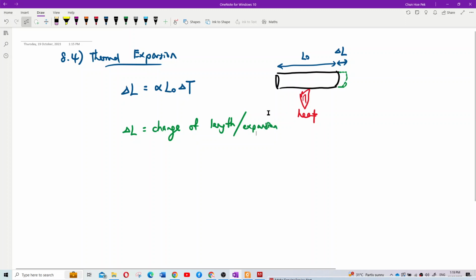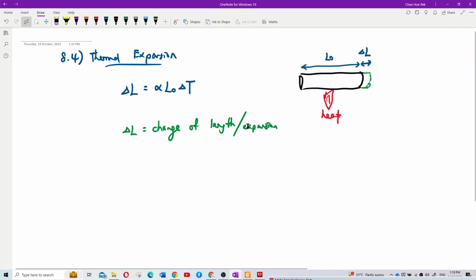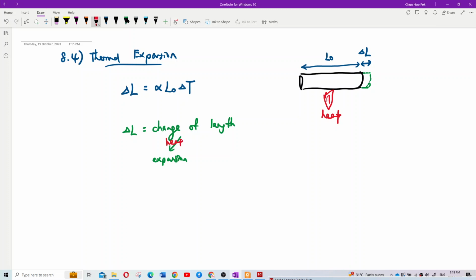But not just heating it up. If temperature increases, of course it expands. So it's either expansion or contraction. Actually there are two situations. If you heat it up, it expands.